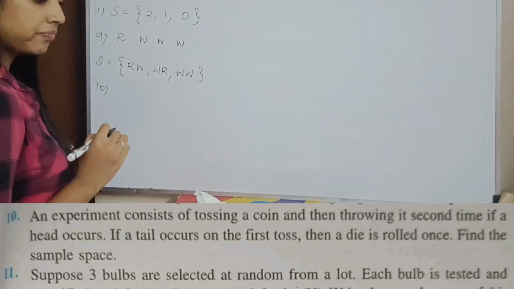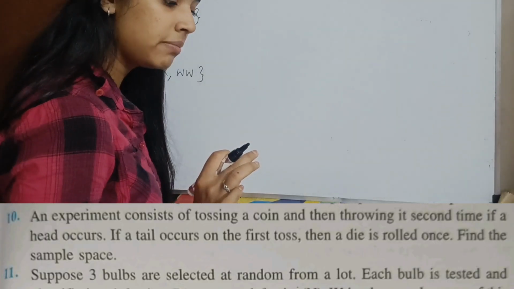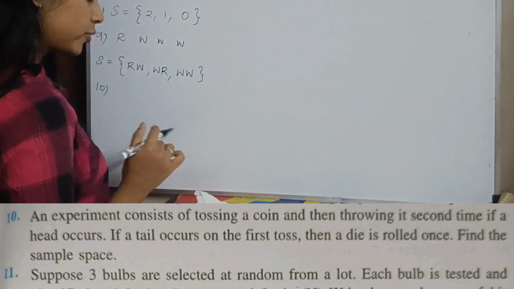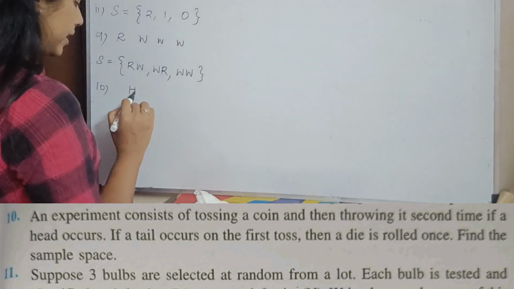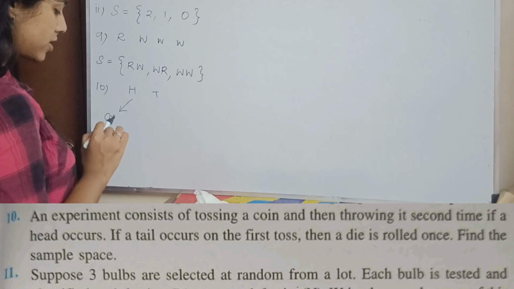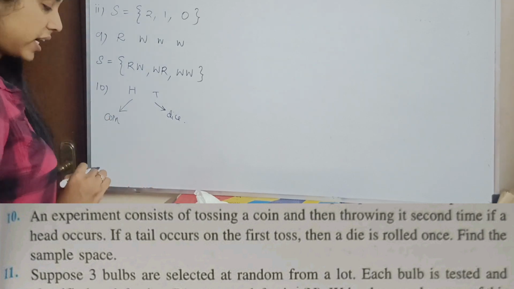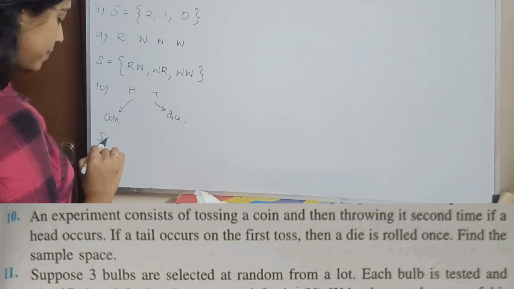Question number 10. An experiment consists of tossing a coin and then throwing it a second time if head occurs. Now there is a coin with head and tail. If head occurs, you toss the coin again. If tail occurs, you roll the die. If head comes, what will be your sample space?